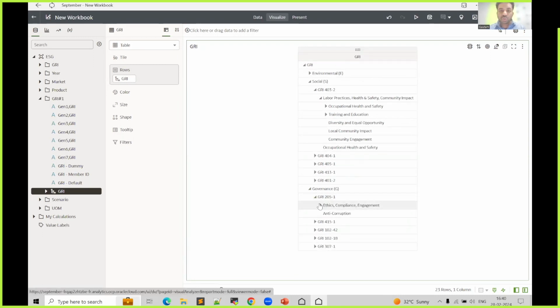So this is how you club the different technological elements you have within Oracle Cloud Infrastructure to make sure you have an accurate roll-up of your numbers from all the models within the ESG, irrespective of whether it belongs to the environmental, social, or governance side of it.